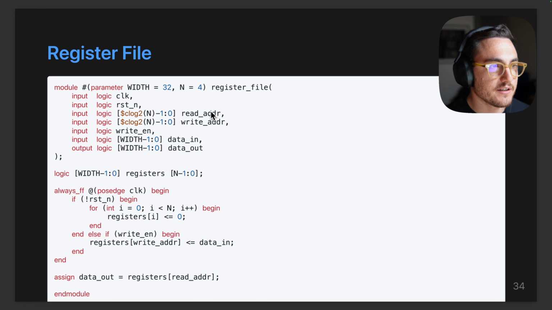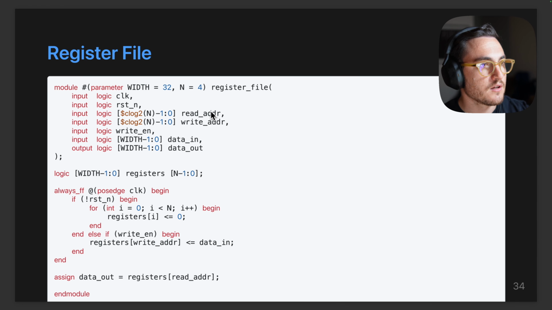And a register file is a structure that gets clock and reset, it's a sequential element, so it goes without saying. It gets a data input. It gets a read address, a write address, a write enable, and a data out. So you can visualize this thing as something that contains multiple registers, and we decide which register to read and which register to write with the read address for the read and write address and write enable for the write.